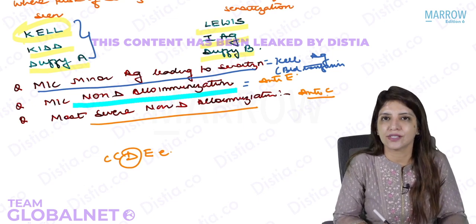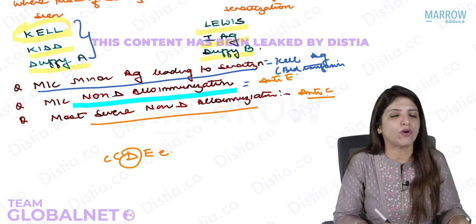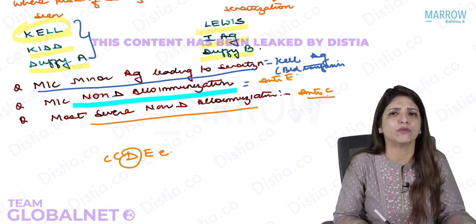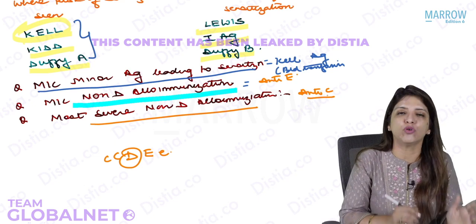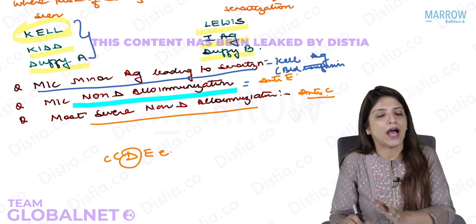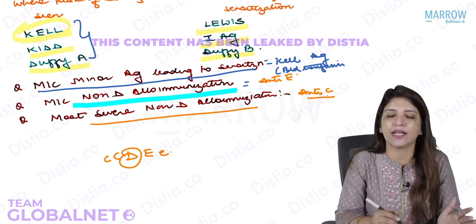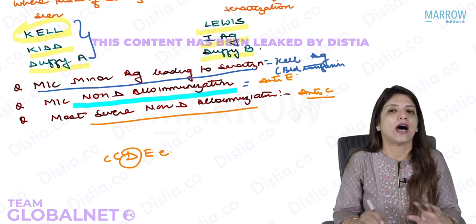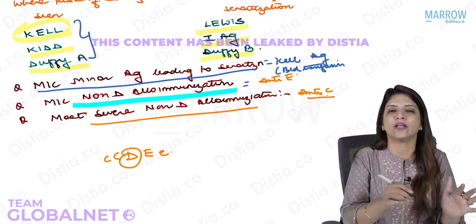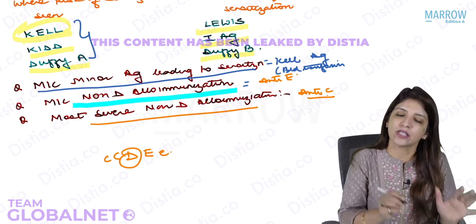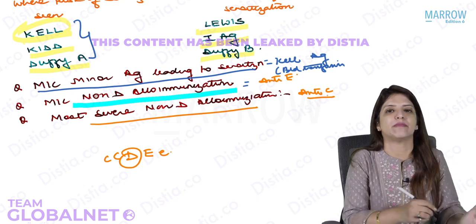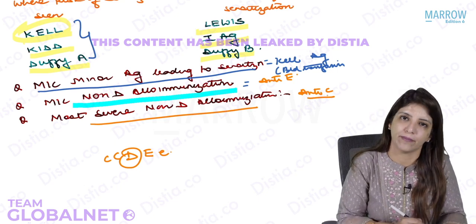Have you understood this? So we have talked about D antigen, which is generally the most common. But if they ask you most common non-D, it is E. And most severe non-D is C, right? Amongst minor antigens which can lead to sensitization are Kell, Kidd, and Duffy A. Amongst them, which is the most common? Amongst them, it is the Kell which is most common.